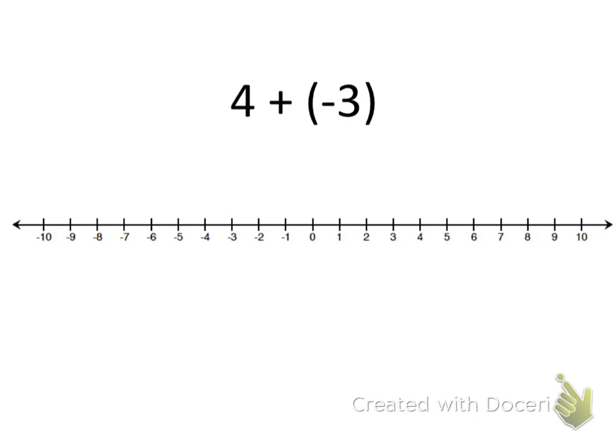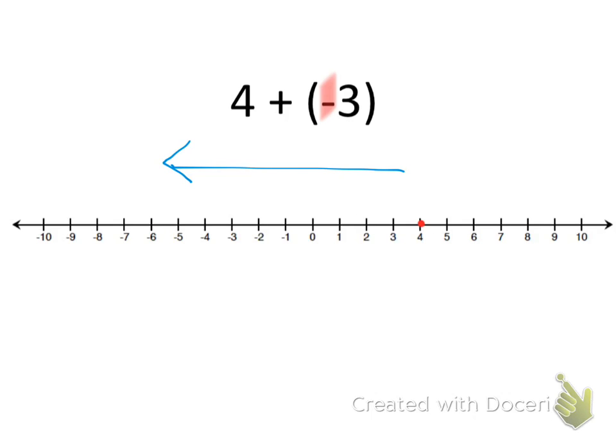Our first step is to plot our first addend, which again is 4. So I'm going to plot 4 on our number line. All right, then it said, determine your direction using the sign of our second addend. The sign of our second addend is negative. And remember, when you're adding integers, you're moving towards the sign of your second addend.